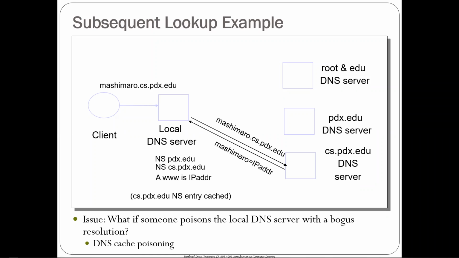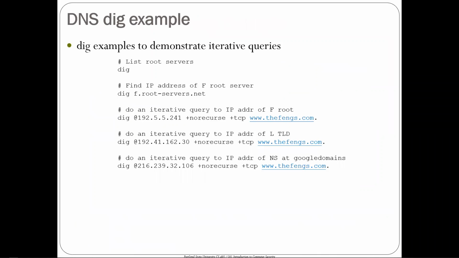Okay, so I want to give you an example of the use of dig to query the Domain Name System. This is a simulation of how the DNS lookup would work from your web browser or from the resolver or local DNS server as you query the hierarchy.